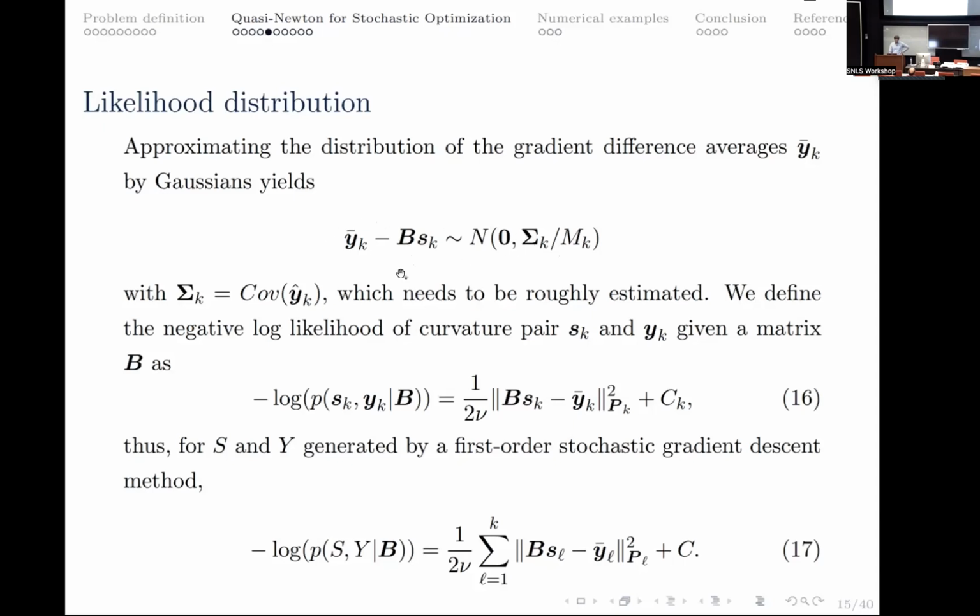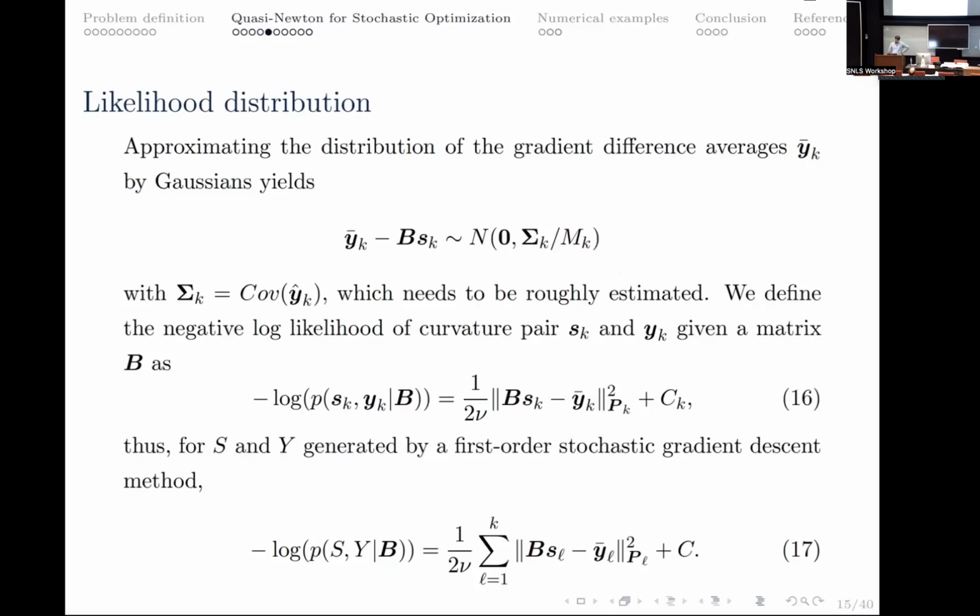So what we do is not a big crime. We assume that the error on this misfit is Gaussian distributed, because this comes from some Monte Carlo estimate, of course. And then here we have the sample size. And we assume also that this covariance matrix can be computed.